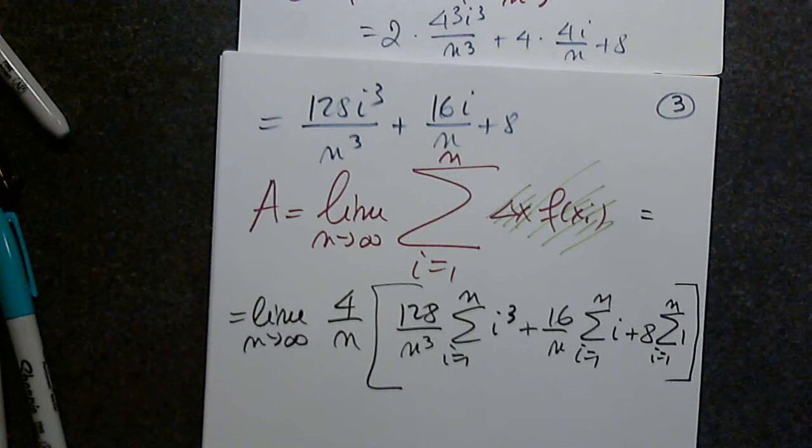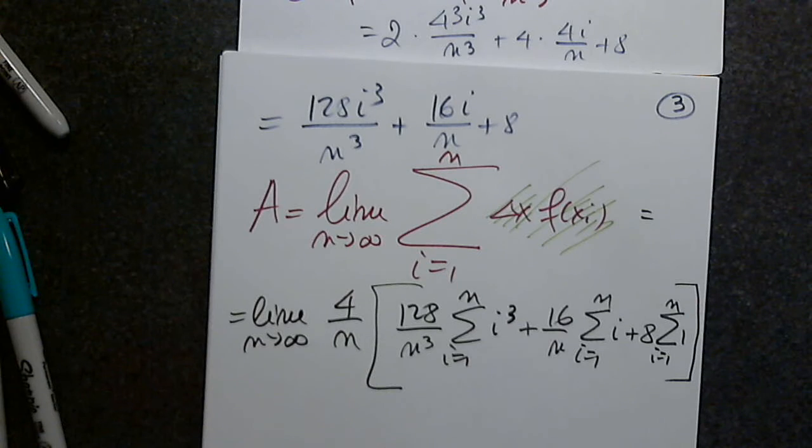So basically, if you agree with this, we did 3 steps in 1. What did I do? I took delta x in front of the summation notation, and then I already applied the sum to each term. And also, I took 128 over n cubed in front, I took 16 over n in front, and I took 8 in front, because these are identities that I know.